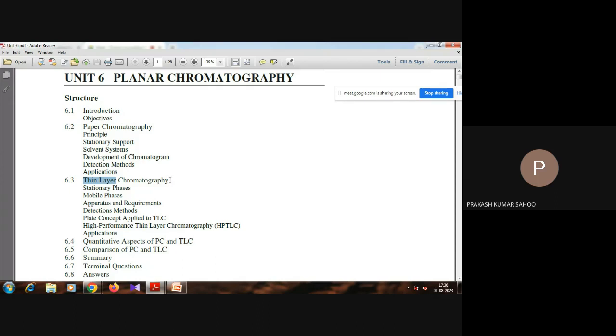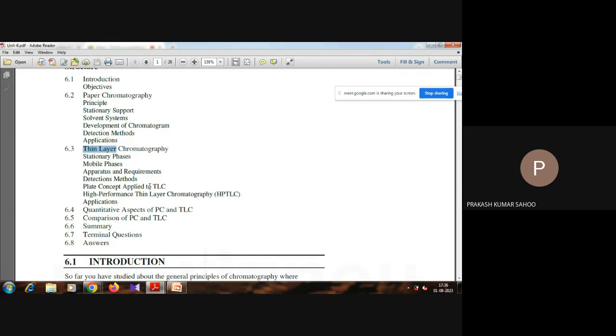Depending upon the type of adsorbent, that is the type of stationary phase, we will have two types of TLC, that is the ordinary or general TLC, thin layer chromatography. And if it is a very fine powder adsorbent, or stationary phase, which is used to make the layering, then this will be known as HPTLC, that is high performance thin layer chromatography.